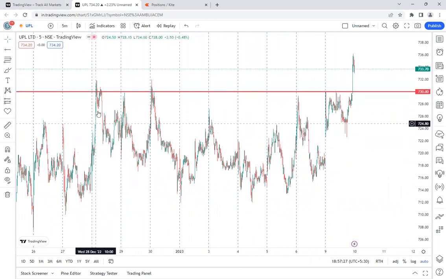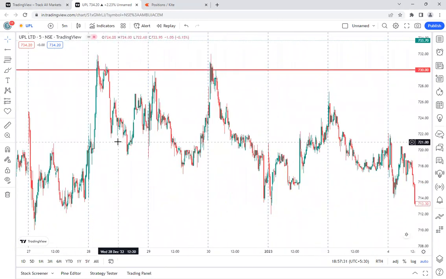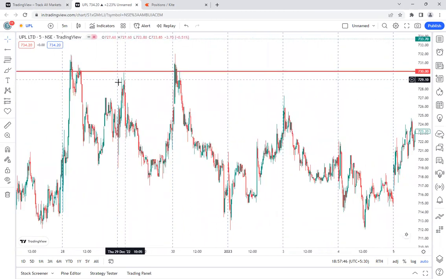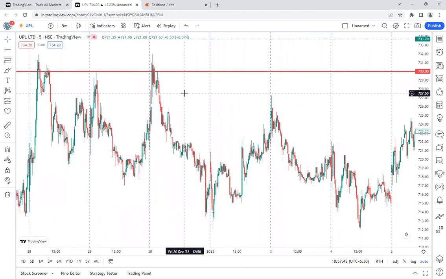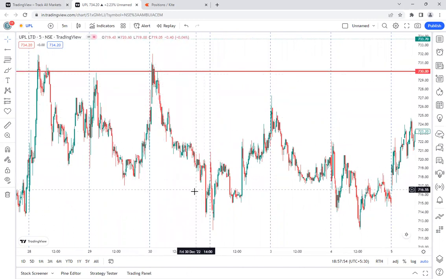Even after getting good buying on that day, if I zoom here, you can see the way the buyers traded, and even after reaching that point, immediately it started selling off again. The same thing happened on 29th December. They went almost close to that level, and on 30th December also, it got rejected heavily. So right from there, it started falling down.